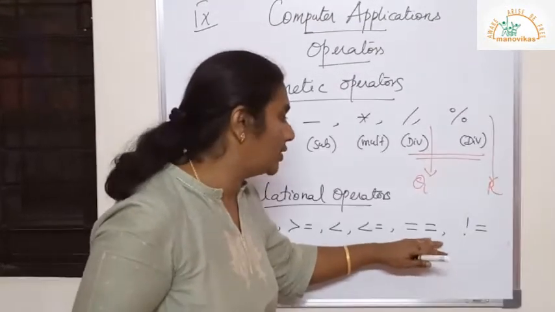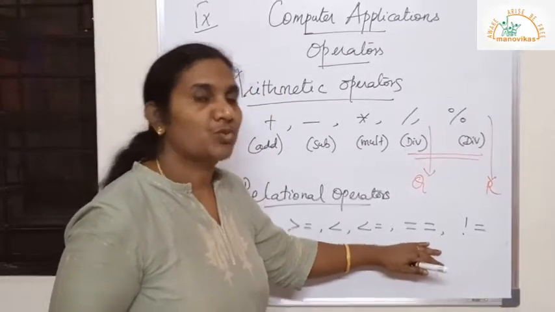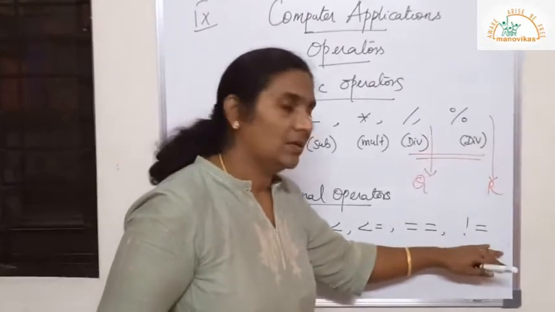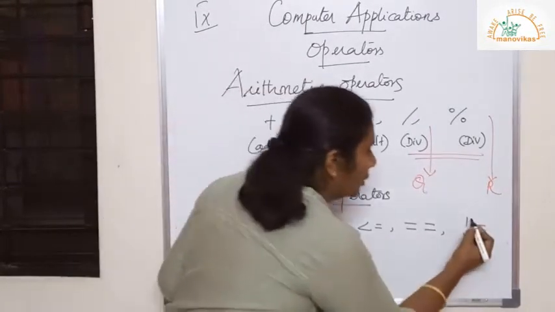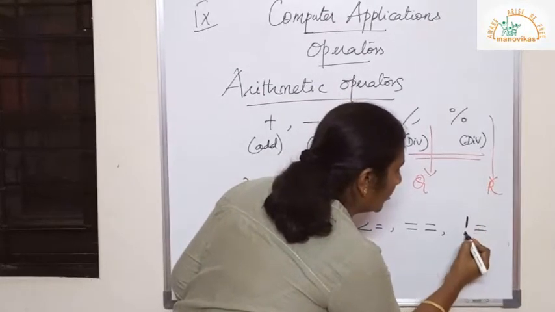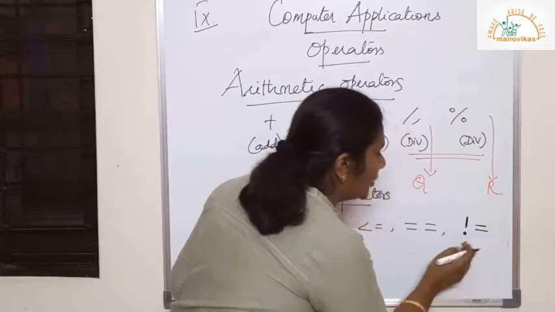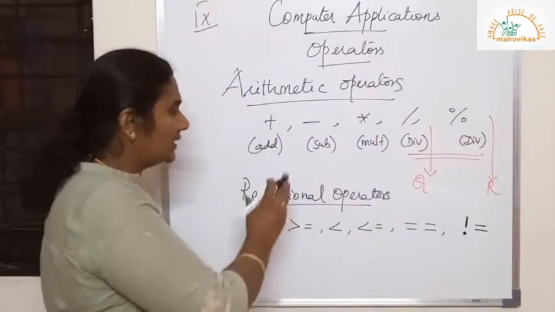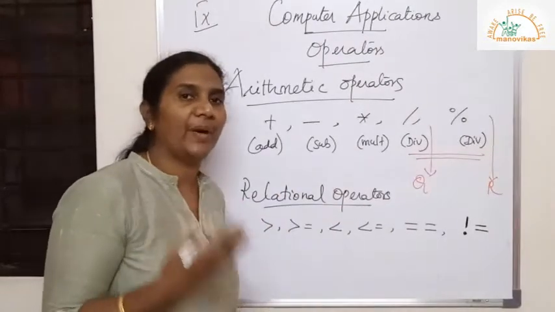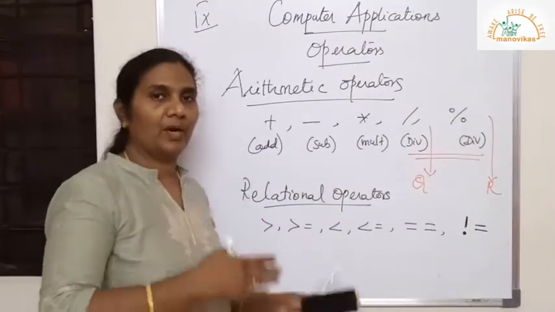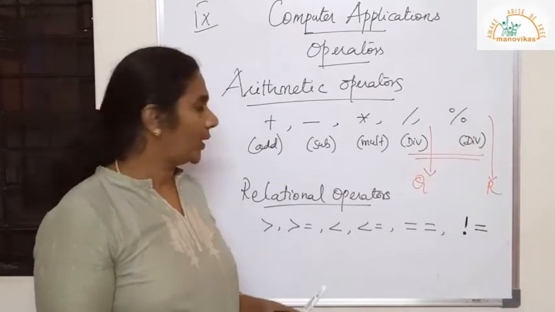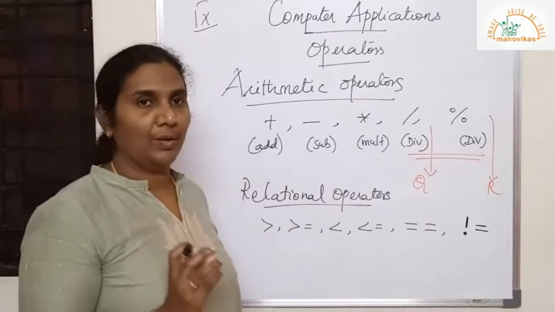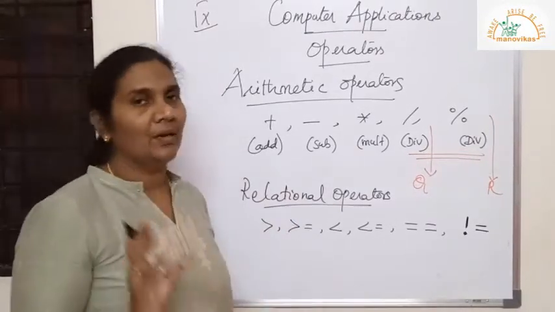The purpose of equal to is to check if two values are equal, and this is not equal to, to check if two values are not the same. Basically these operators are used for comparing two values, like which one is bigger. Now the output of these relational operators will be a Boolean value.